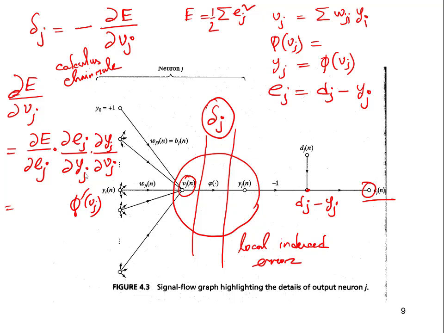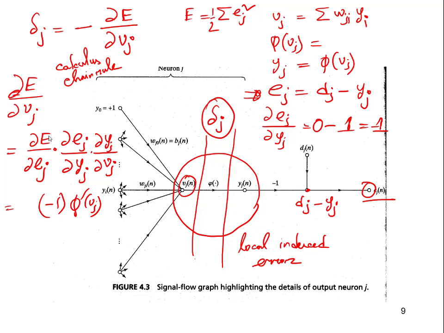Delta Ej and delta Yj, if you consider this equation for Ej, then delta Ej by delta Yj will produce 0 and minus 1, which leads to minus 1. So here in the middle portion we have minus 1.